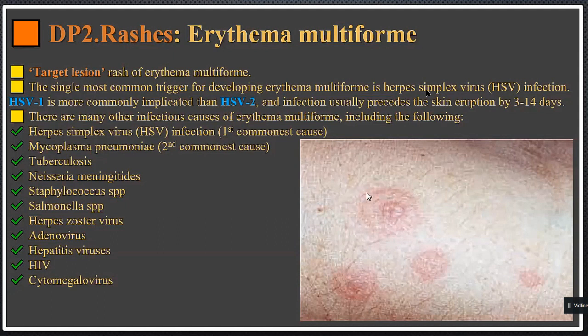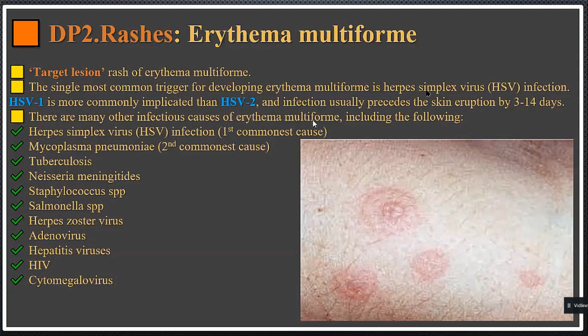For target lesion, they can ask you what the lesion is or what the description is, so it's a target lesion. They can ask you the diagnosis, so you say erythema multiforme. They can ask you the most common cause, so it will be herpes simplex virus. Herpes simplex virus, as you know, is type 1 and type 2, but in erythema multiforme, type 1 is more common. There are many other infectious causes.